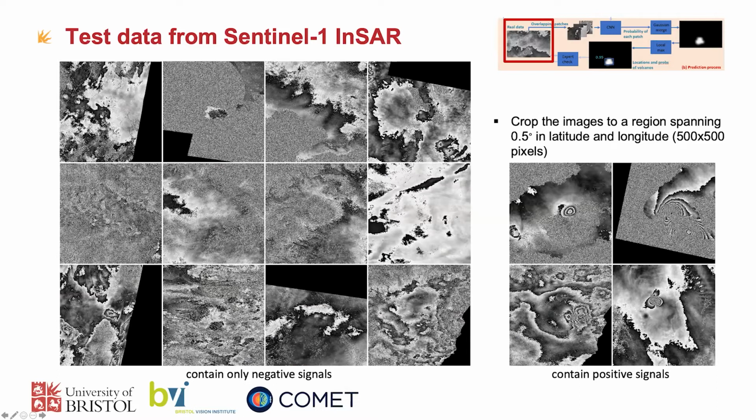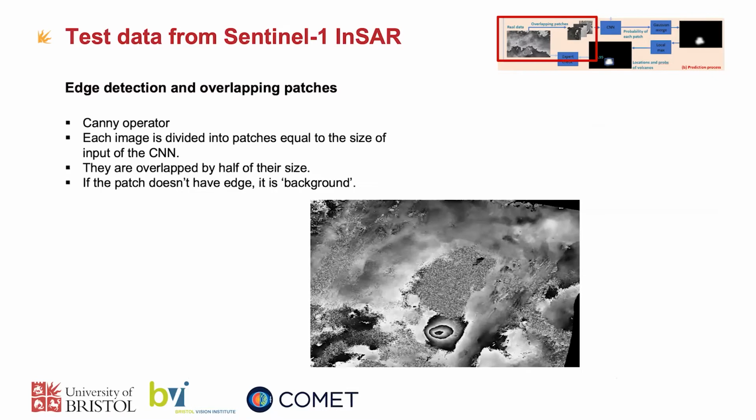Now, what happened? We got the model and we have the new data here. First of all, we need patches that have the same size as the input of AlexNet, which is 224 by 224. So what we do here is first apply edge detection, because of course the homogeneous area is definitely going to be background.